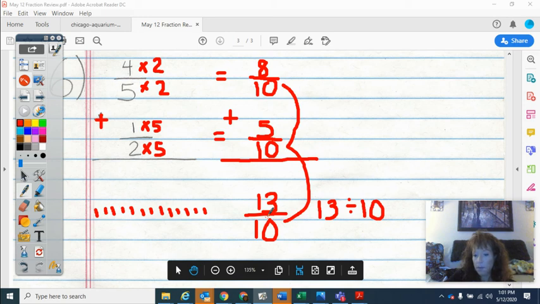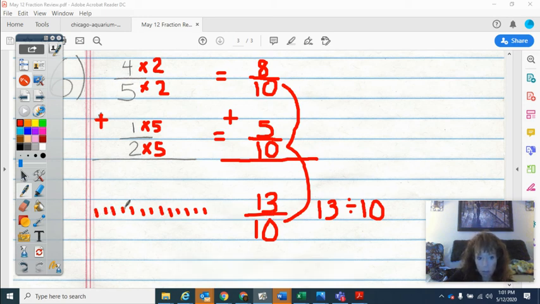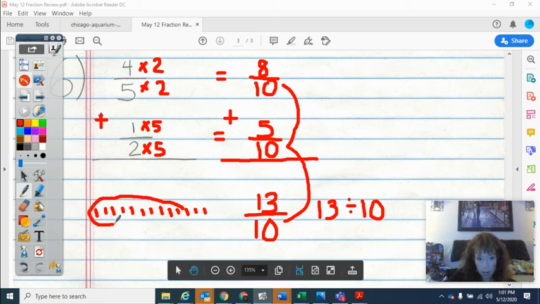And I'm grouping them by groups of 10. So how many groups of 10 can I make? 1, 2, 3, 4, 5, 6, 7, 8, 9, 10. Okay, so I made one group of 10.